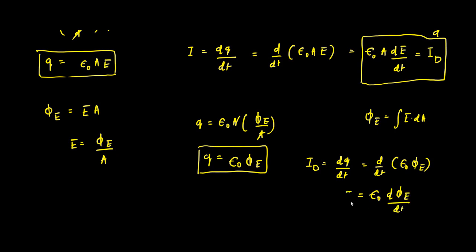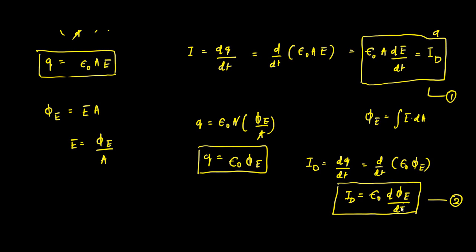This is another way of representing displacement current, and this expression is mostly used. This is the first way, this is the second way, and most often you will find the second expression, ID is equal to epsilon 0 d phi E by dt.